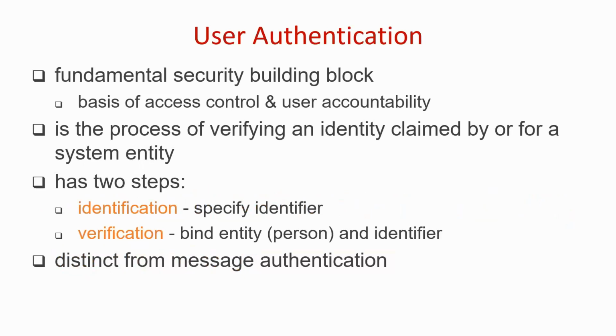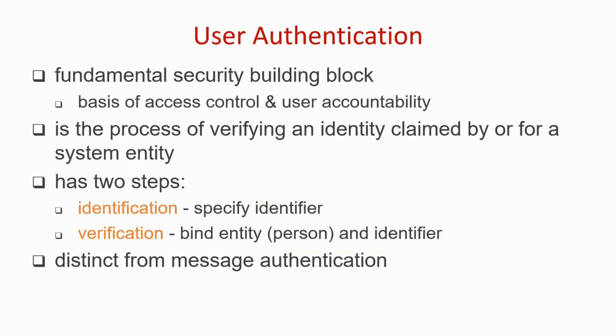It's the process of verifying an identity claimed by or for a system entity, and we perform user authentication over two steps. There is the identification step and there is the verification step. Basically, before even identification and verification, there has to be a registration step where you register your credential in a system, in a backend or in a server somewhere.